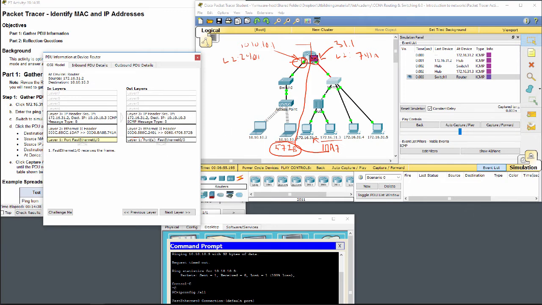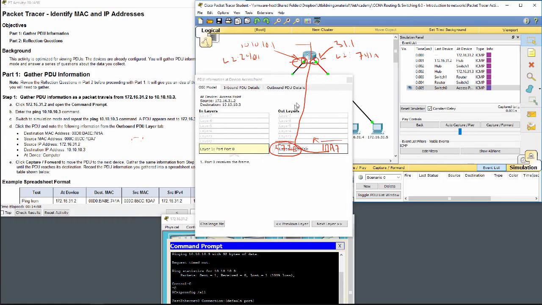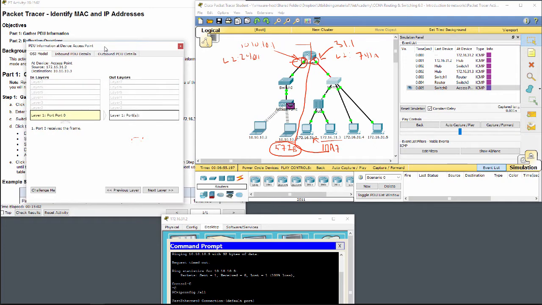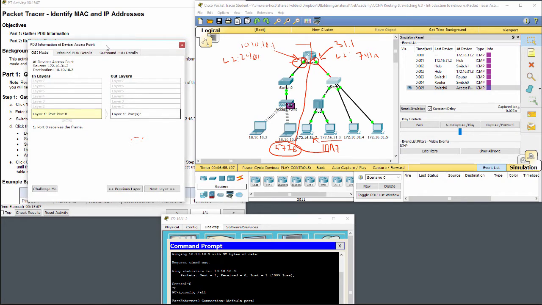So we can continue to click to see what happens. The packet is sent to the switch, which probably knows where to send it because of the destination MAC address. And the access point, let's have a look at that one. We can see here that this is an access point that is as stupid as a hub, actually, because this access point does not care about MAC addresses.